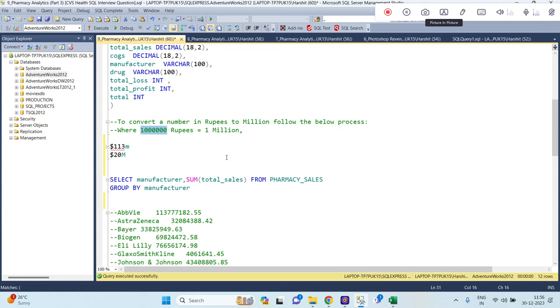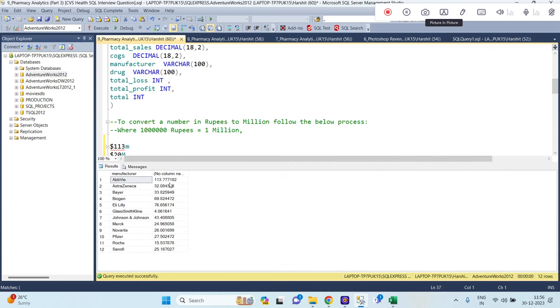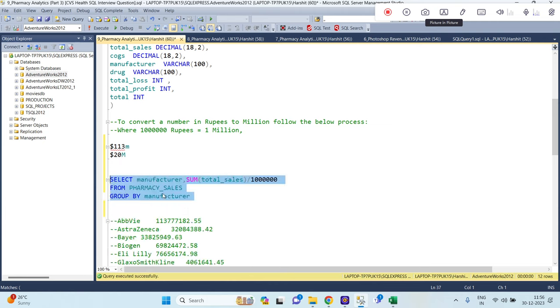Okay, we can divide the same thing by 10 lakhs. Now let me try. 113, 32, 33 it is giving, right? But what is our requirement? We want only 113 million dollar, right?